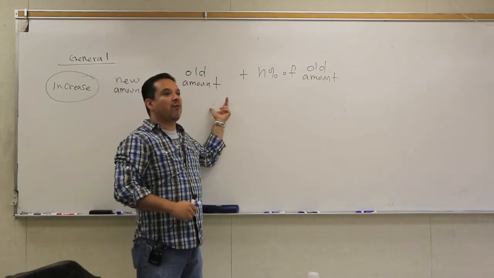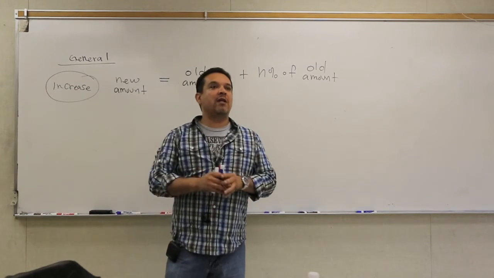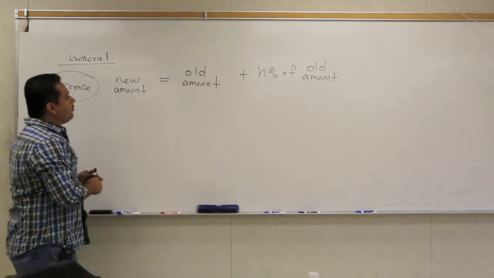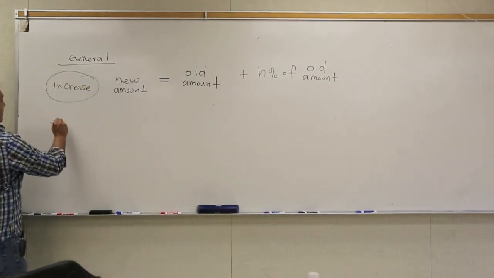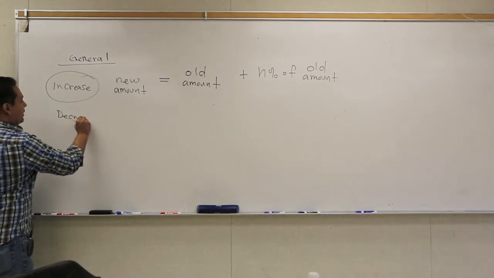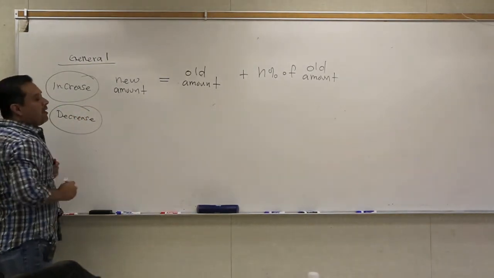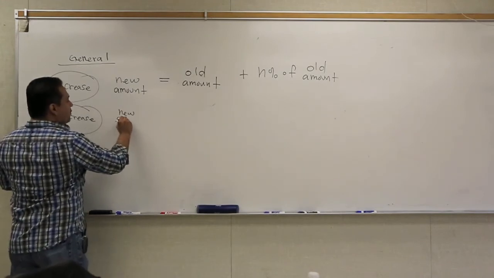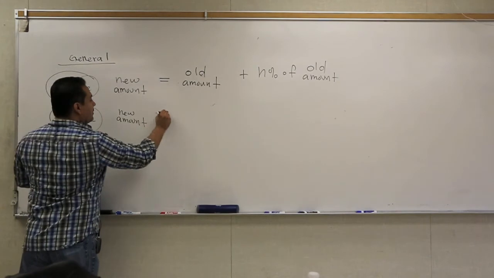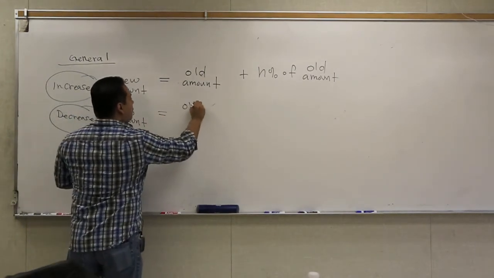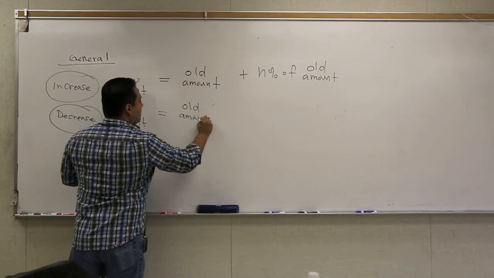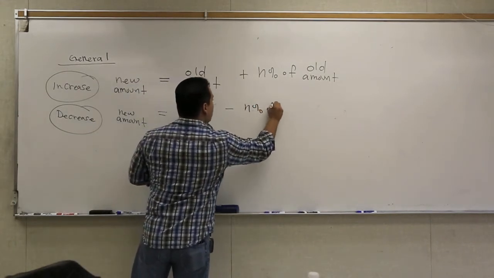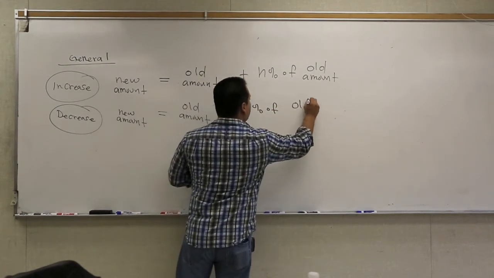This was your sales tax model, by the way. We could look at this model in general, and that's what we're going to do with the rest of these problems. Similarly, we also have a scenario that represents a decrease. You okay with that? And here's your decrease. The new amount, by the way, which will be smaller because it's a decrease, is still the old amount, now minus n% of the old amount.